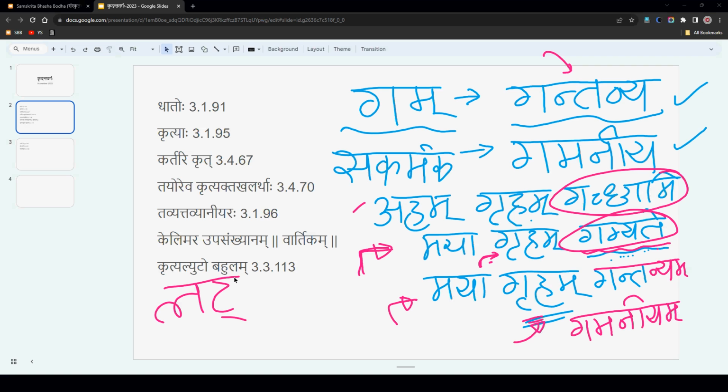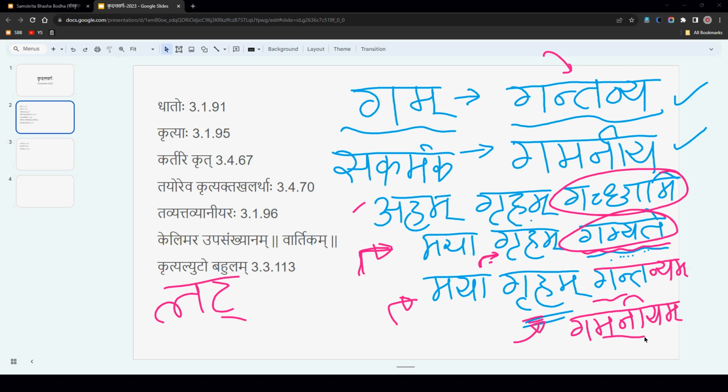This is vidhiling sense. The lakara is not vidhiling here, because lakara applies only to kriya padam, tinganta padam. These are subanta padam, so lakara is not there. But that concept is there behind it.